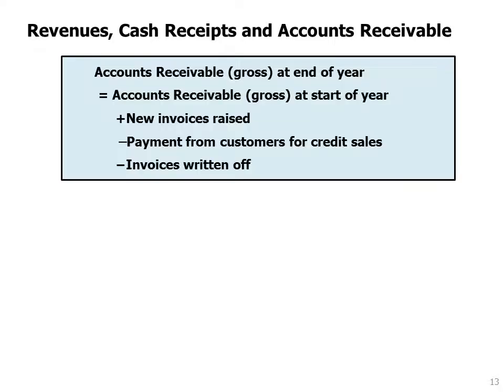So let's look at revenues, cash receipts, and accounts receivable across a year. A reminder, the accounts receivable at the end of the year is equal to accounts receivable at the start of the year, plus new invoices raised, which is revenue recognized from credit sales, minus payment from customers for credit sales, minus invoices written off.